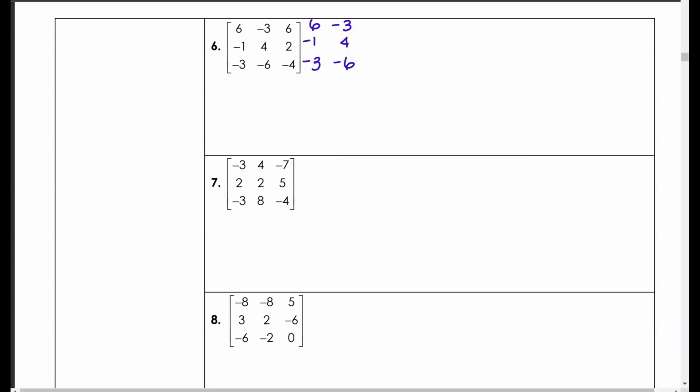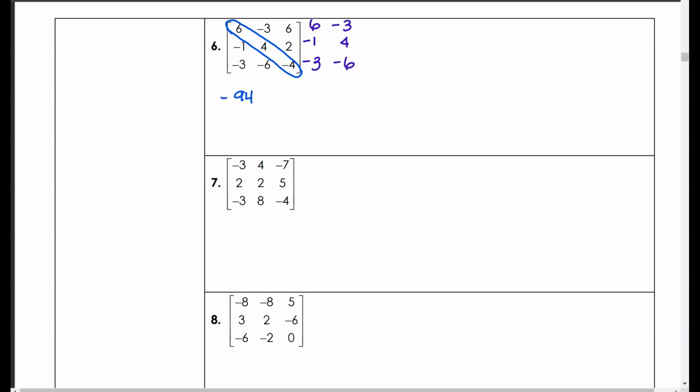You guessed it. We're going to do our downward diagonals. So we're going to have 6 times 4 times negative 4. That's 6 times 4, and then we multiply that by a negative 4. That's going to give us a negative 94.